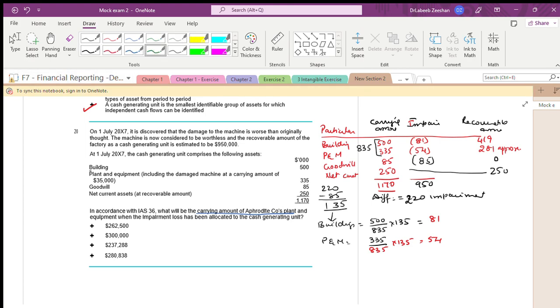How much is the carrying amount including the damaged machine? Including the damaged machine, carrying amount is 35. One minute.